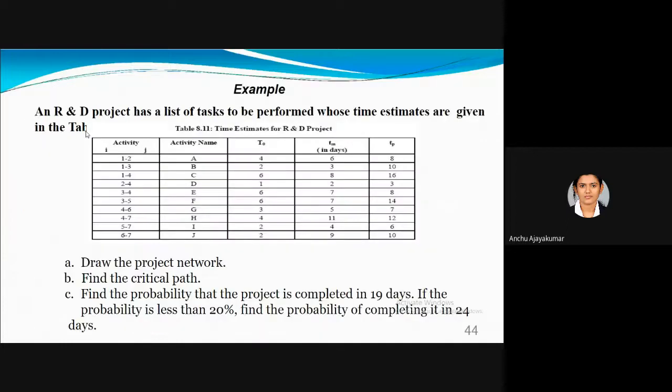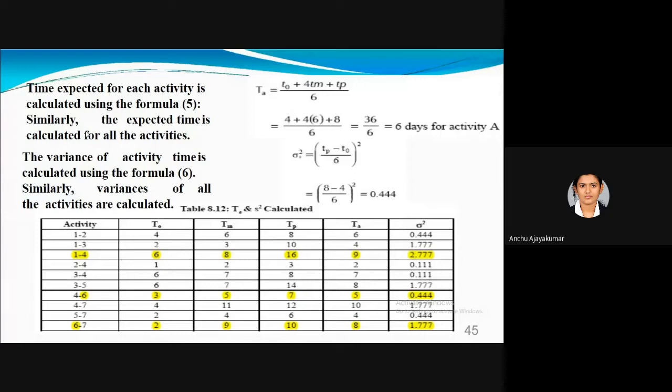Okay. So we have the network, the predecessors, the activities and nodes. Using that, you draw the network. Even if we are not able to draw the network, this can be directly substituted in the equation and you can get the value. You have the equation of Te. T0, Tm and Tp are given. You can calculate Te with this equation, and you can calculate variance using ((Tp - T0) / 6) squared.